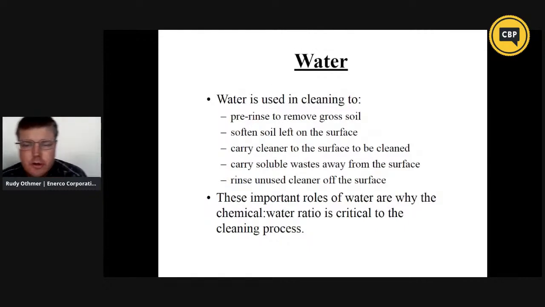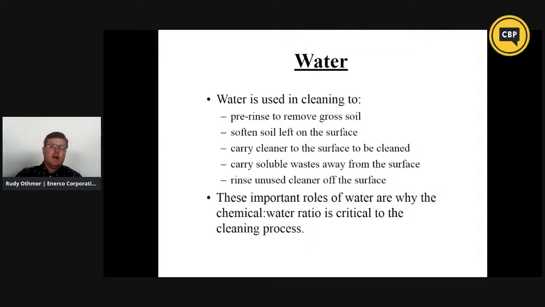Water, the W in WINS. We use water, the universal solvent, to pre-rinse. It also softens and wets the soil on the surface.